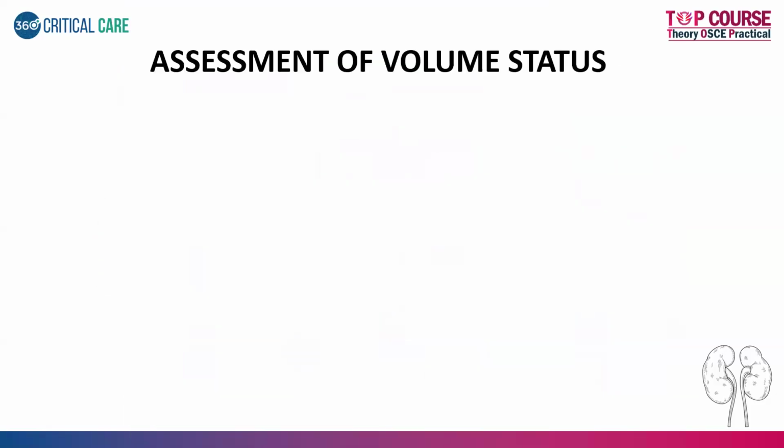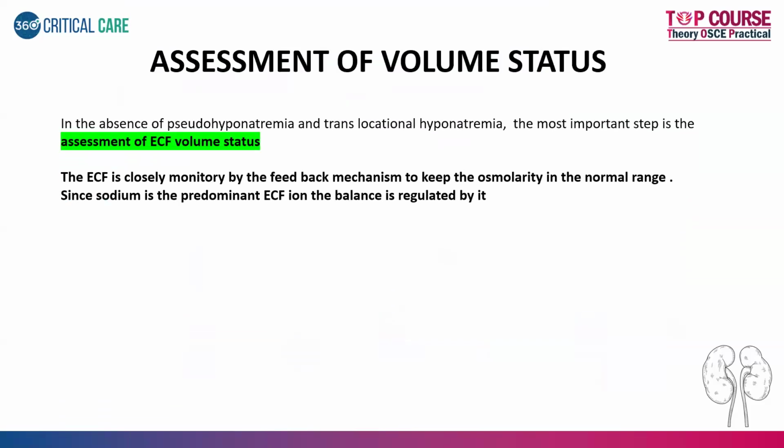So coming to the assessment of volume status. In the absence of either translocational hyponatremia seen in hyperglycemia, or pseudo hyponatremia as seen with increased paraproteinemias or increased triglyceridemia, the most important step, the next step after osmolarity calculation, is the assessment of the extracellular fluid volume status.